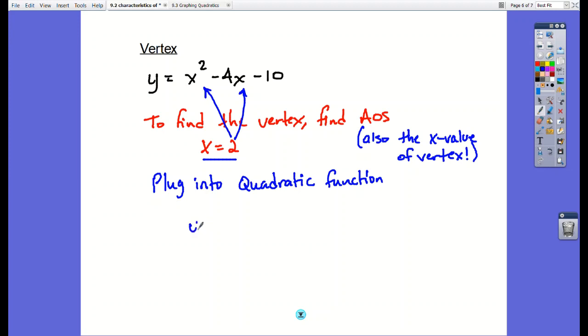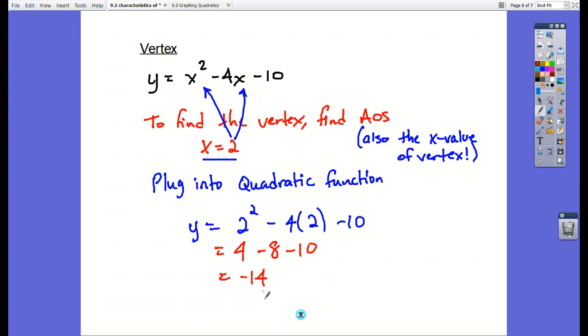So then this is going to be y equals 2 squared minus 4 times 2 minus 10, because that's plugging in 2 for all the x values. So 4 minus 8 minus 10, which is going to be negative 14.